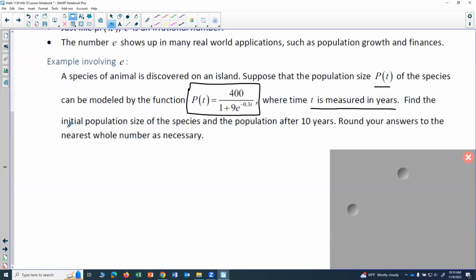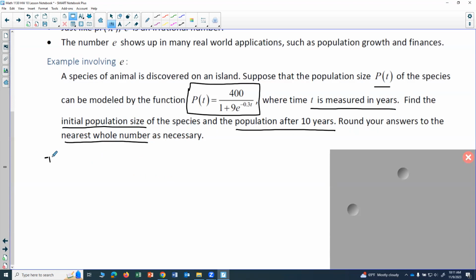We want to find the initial population size of the species and the population after 10 years, and round our answers to the nearest whole number as necessary, because we're talking about a population of animals. So it would make sense to have a whole number.